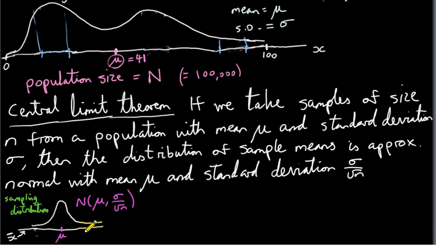We find that the distribution of the sample means is approximately normal. Its mean is the same as the mean of the population distribution, and its standard deviation is sigma divided by root n. This distribution is sometimes called a sampling distribution.